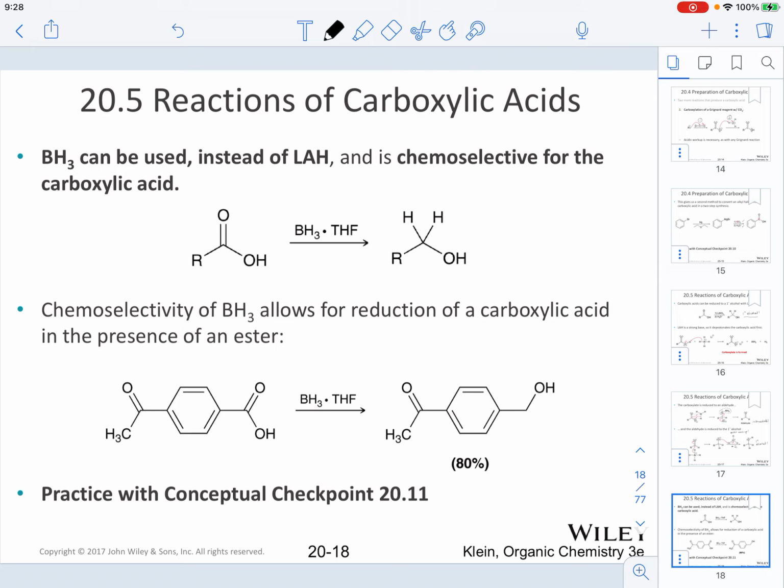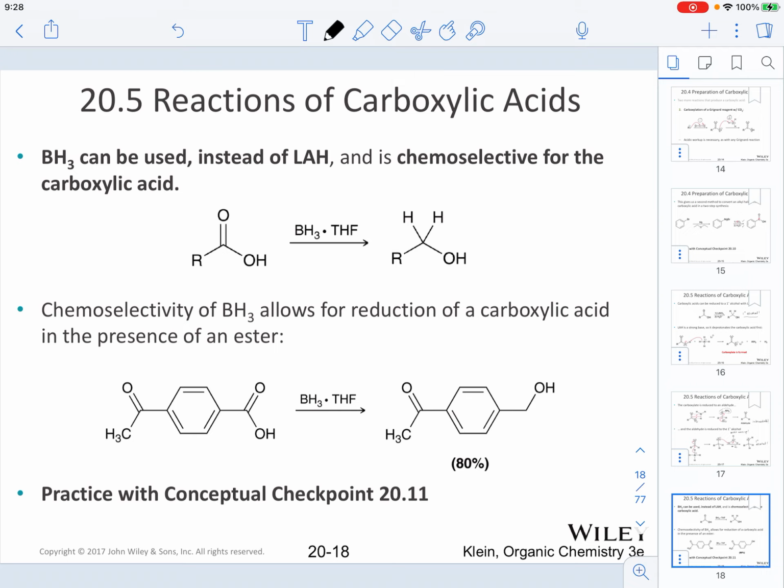Understand that another reaction for carboxylic acids is that BH3 can be used instead of lithium aluminum hydride and is chemoselective for carboxylic acid.